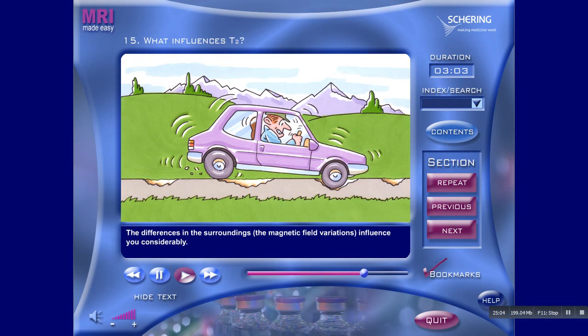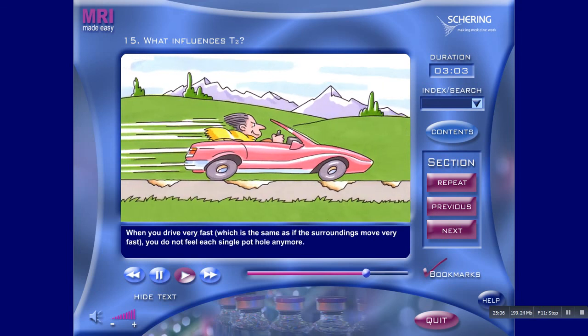When you drive very fast, which is the same as if the surroundings move very fast, you do not feel each single pothole anymore. Before they have a major effect on you, you are already back at normal street level. Thus, their effect is averaged out. You are much less influenced by differences in the surroundings, the variations in magnetic field strength.